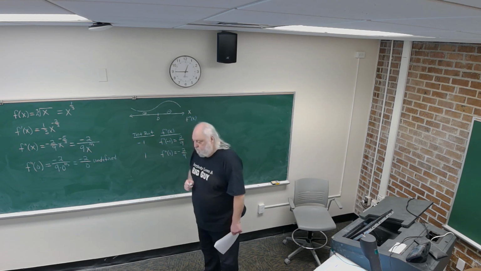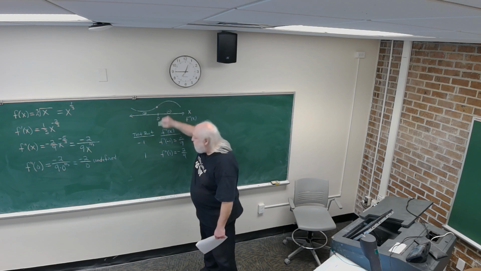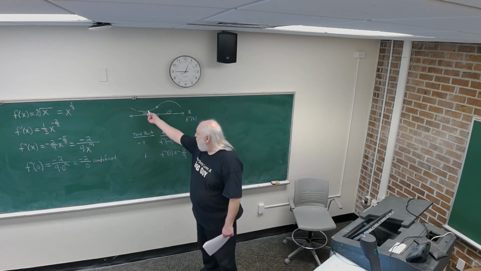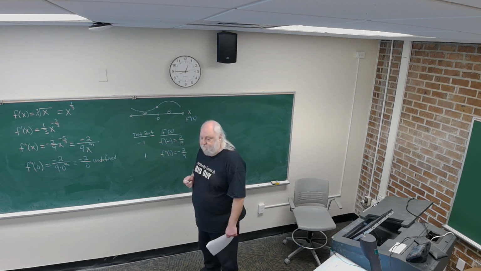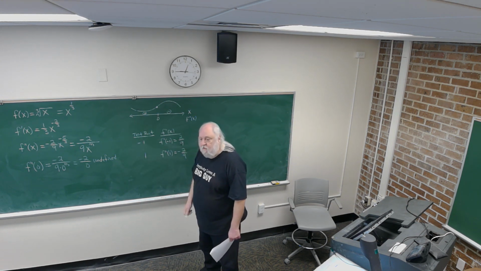Okay. So by our definition of point of inflection, do we have an inflection point at x equals 0? Does the concavity go from upward to downward? So even though the second derivative doesn't exist at x equals 0, there's a point of inflection.